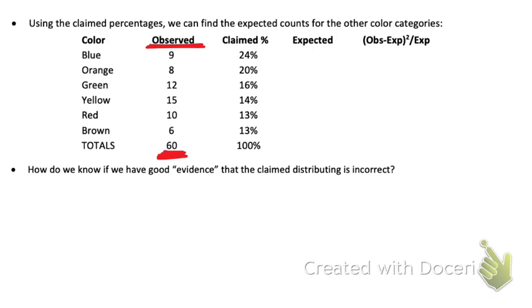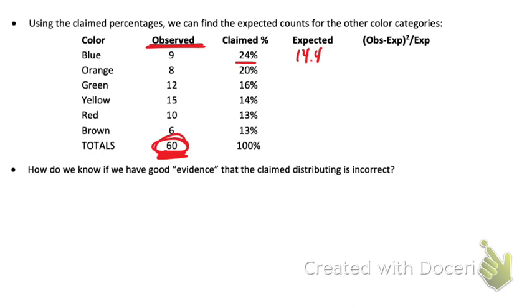Expected. We need to look at, if these are the claimed percentages, how many would I expect to get of each color in a sample of size 60? So, if I have a claimed percent of 24%, what is the expected number of blue that I should get in a sample of size 60? 14.4.